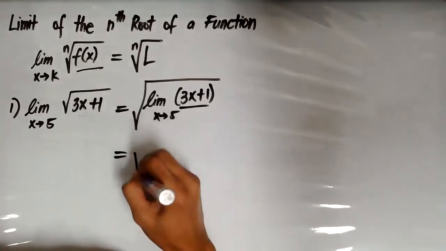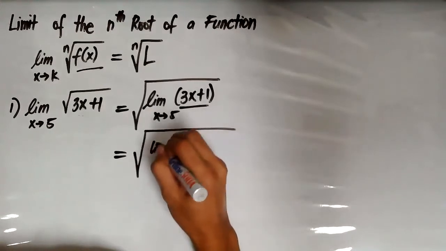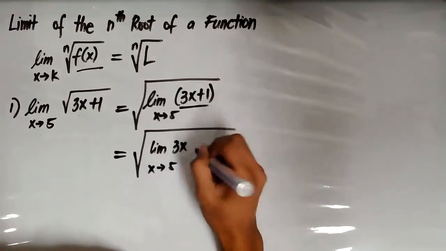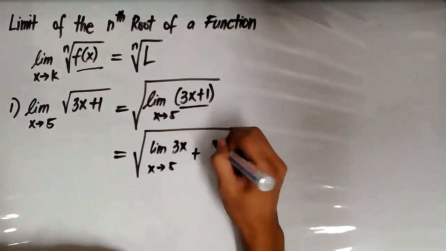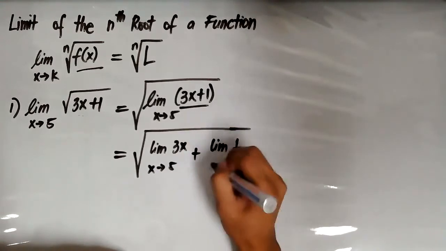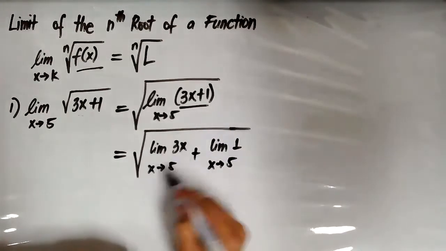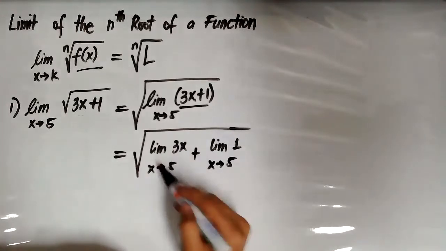So this will be equal to the square root of the limit of 3x as x approaches 5, plus the limit of 1 as x approaches 5. And basically, in this first term, we can use the constant multiple law.